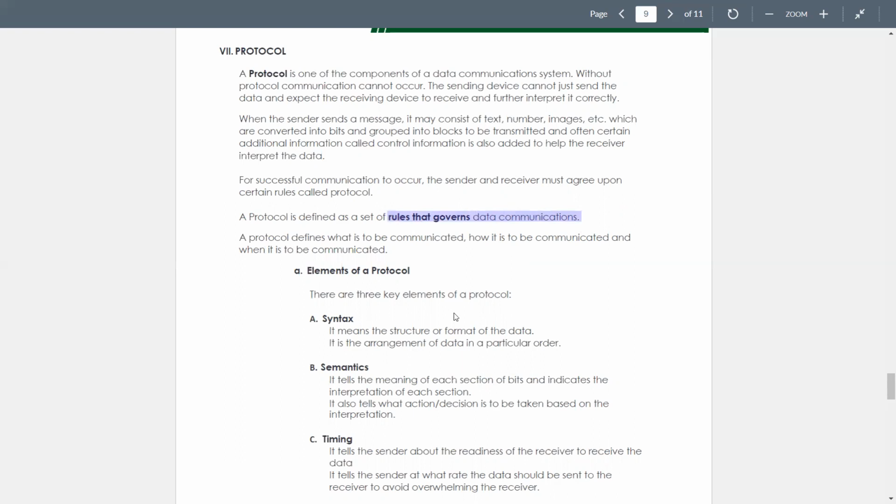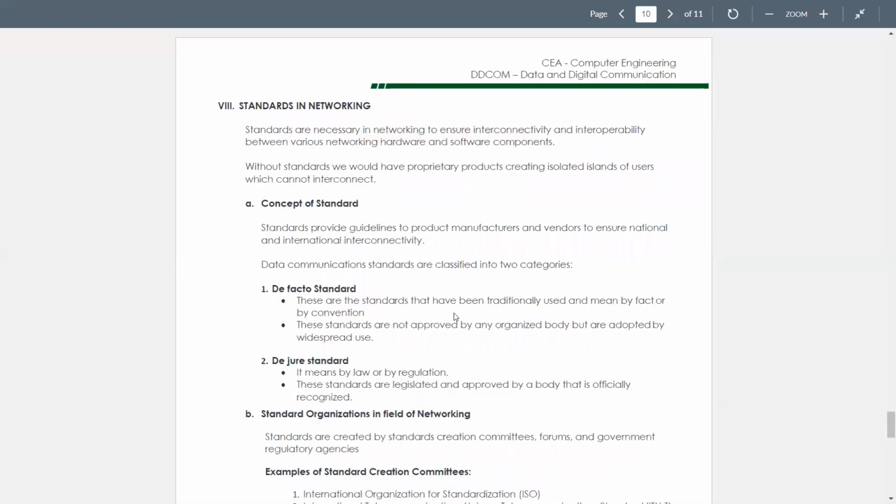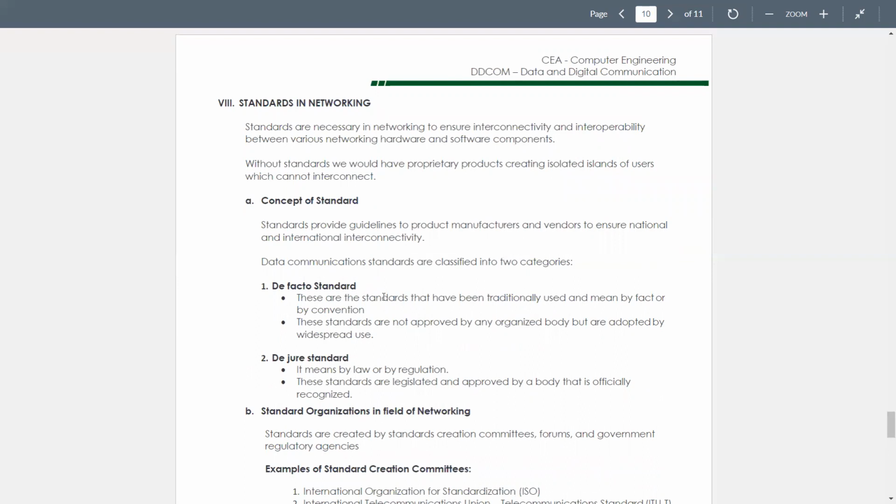Any devices, dapat meron tayong iisang guided rules na pina-follow natin, especially in designing our electronics.